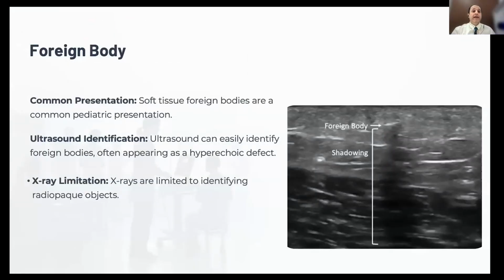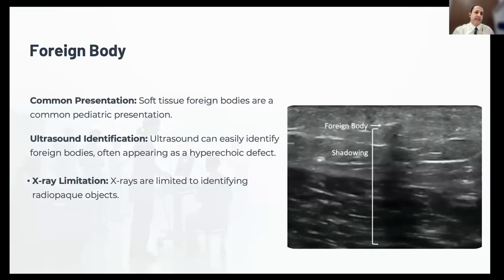When you're doing point of care ultrasound for soft tissue infection, our goal is not just to find the pus. Sometimes we need to search for the reason, and one reason for cellulitis and abscess is foreign bodies. It's more common in pediatrics, and with X-ray we cannot identify radiolucent objects. So when doing ultrasound for cellulitis or abscesses, we need to search for the cause, and you may find a foreign body.